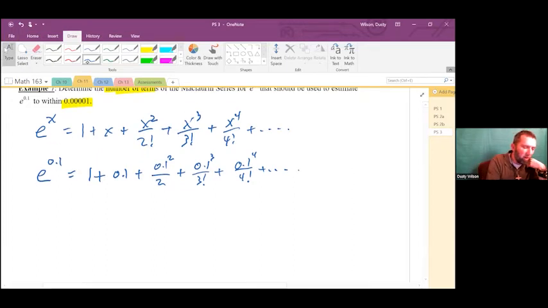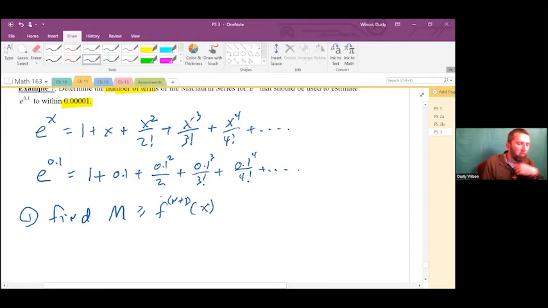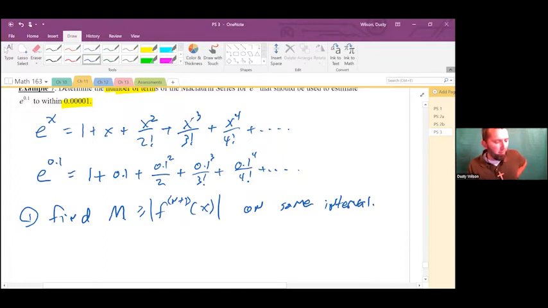We need to find that big M. So we know that big M is always bigger than or equal to the absolute value of the n plus 1th derivative of f of x on some interval, on some region. So we've got to pick a region.